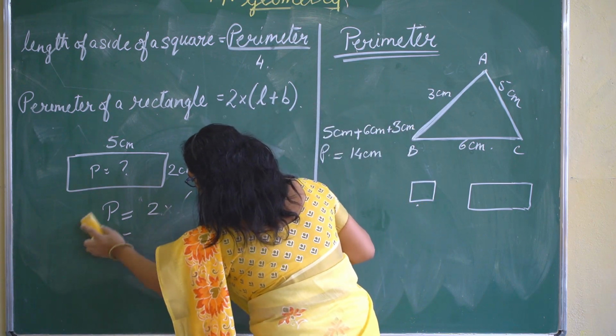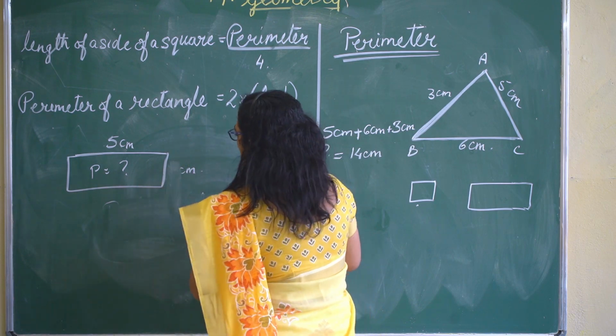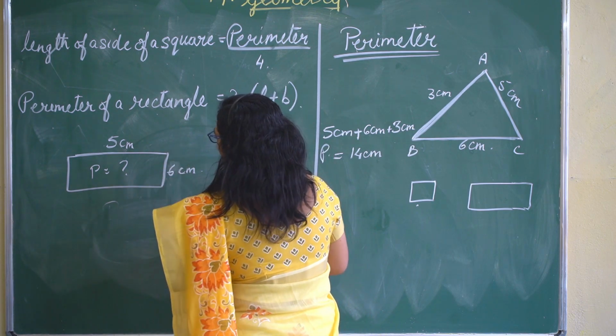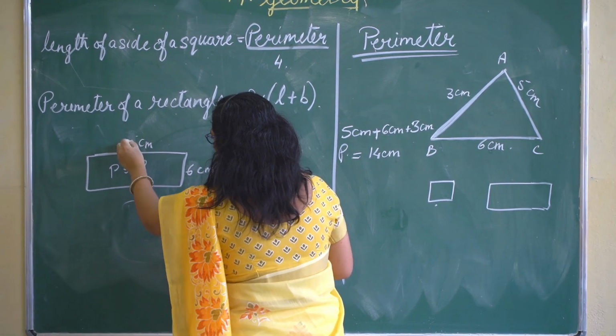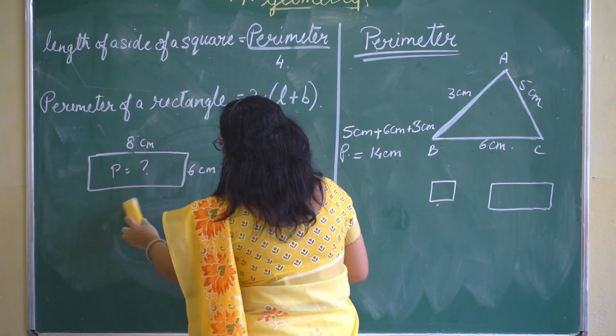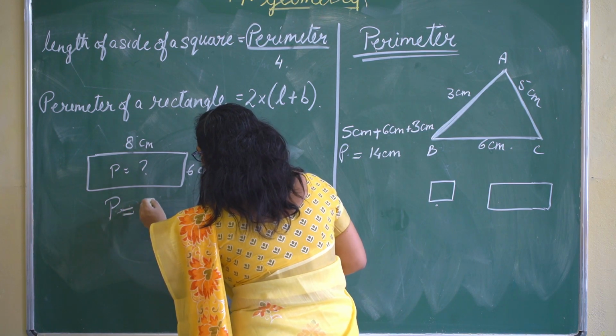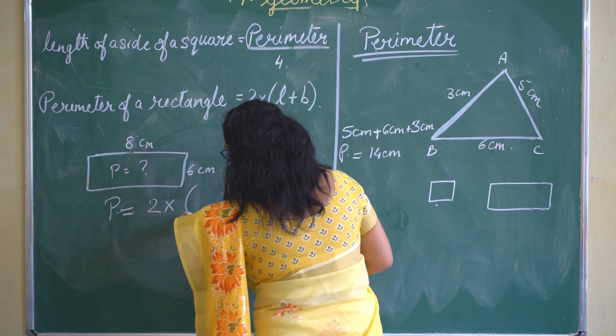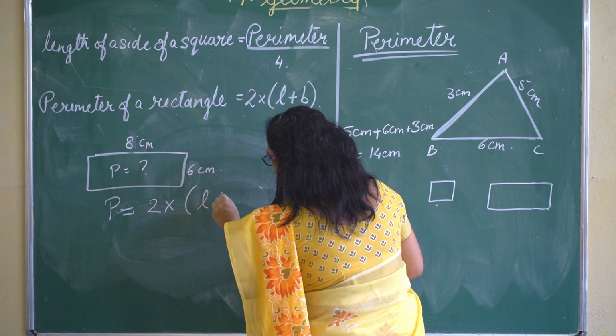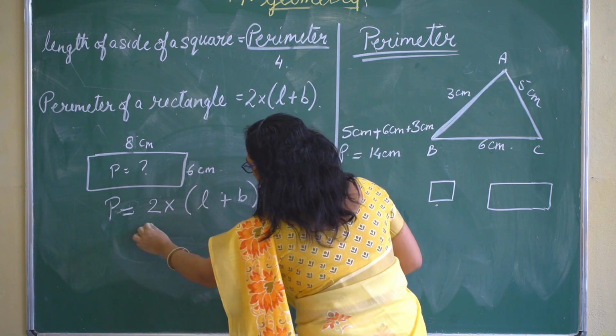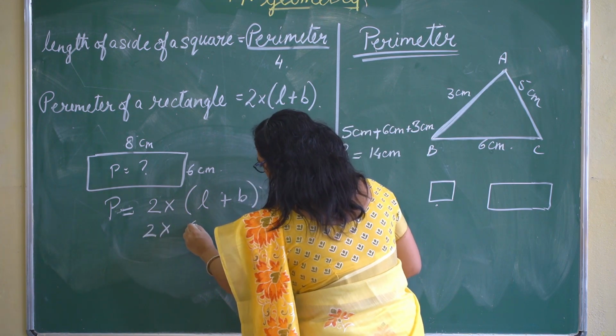Again, another example. If I write here 6 and if I write here 8, you have to find the perimeter of a rectangle. So perimeter is equal to 2 multiplied by what? You have to add the length plus breadth. What is length? 8.